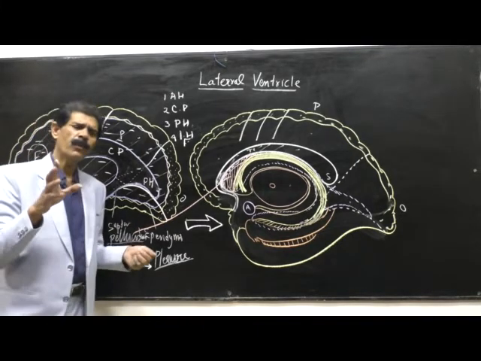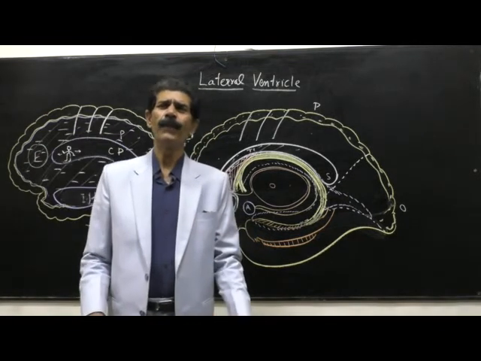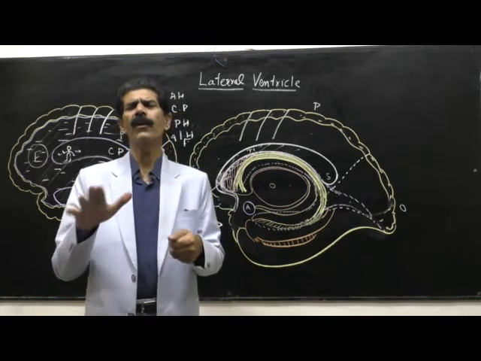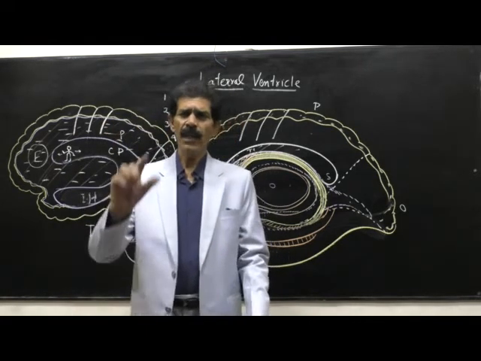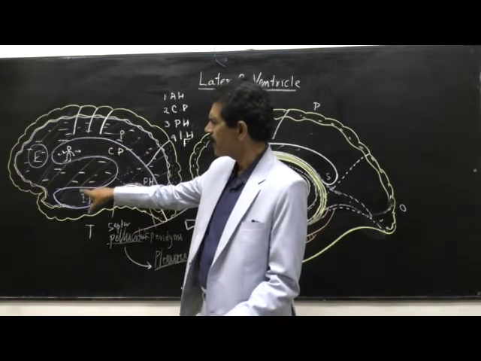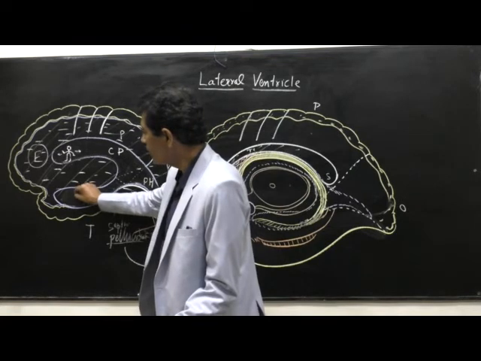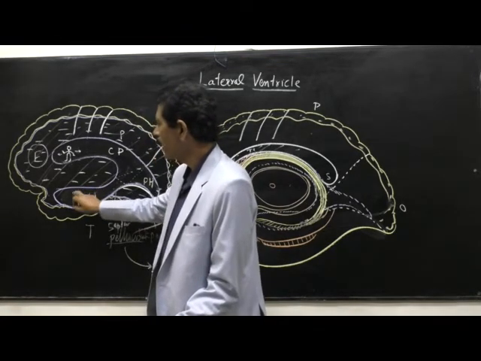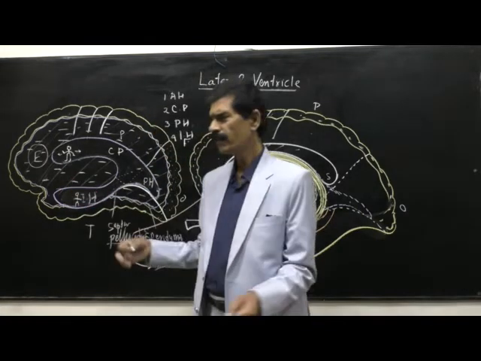So this is the most suitable and simplified method to understand the boundaries of any horn or any part of the lateral ventricle. You minimize yourself and stand inside. For example, if you want to explain the inferior horn, go into the inferior horn, stand there, and describe the anterior, posterior, roof, floor, lateral, medial.